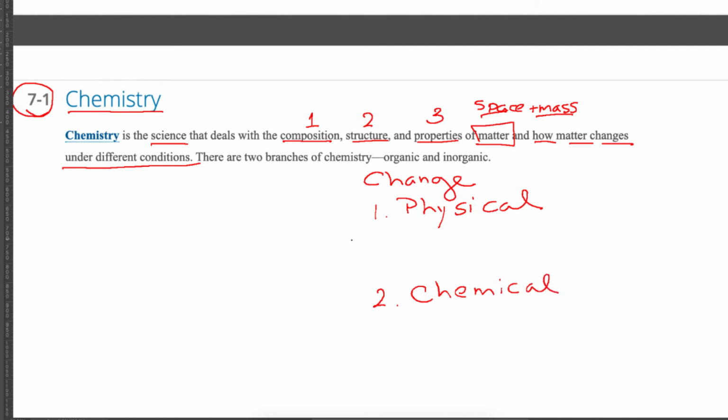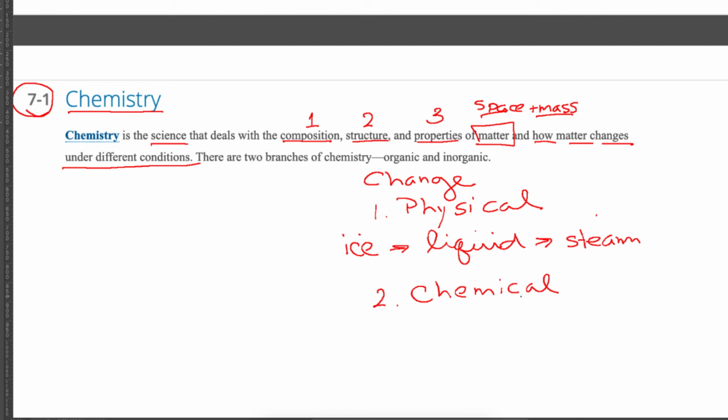Physical change would be, for example, ice goes to liquid, goes to steam. So now we have solid, liquid, and gas states of matter. That's the first type of change, physical change.